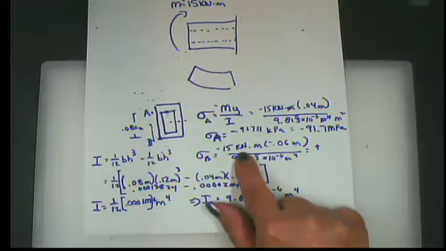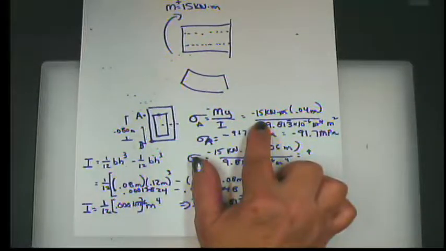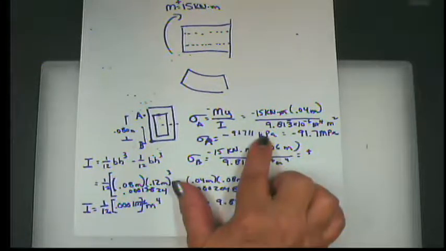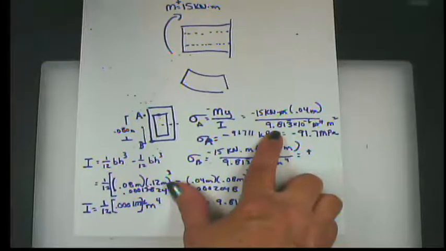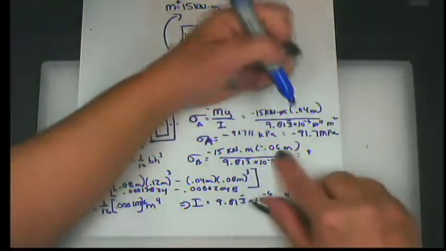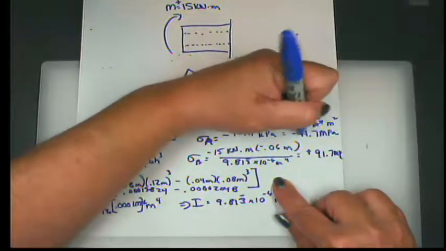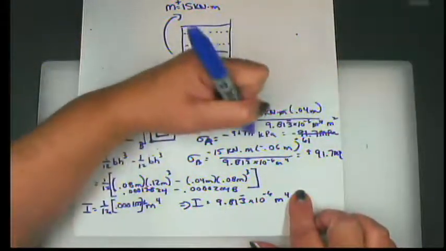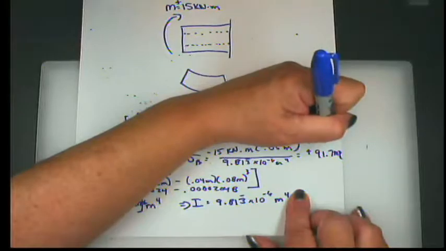I did something incorrectly here. I think I accidentally put in 0.6 here and didn't use 0.4. Let me try again: 15 times 0.04 divided by 9.813. Yeah, I accidentally picked up the wrong value. This is actually right here, and this value is negative 61.1 MPa.